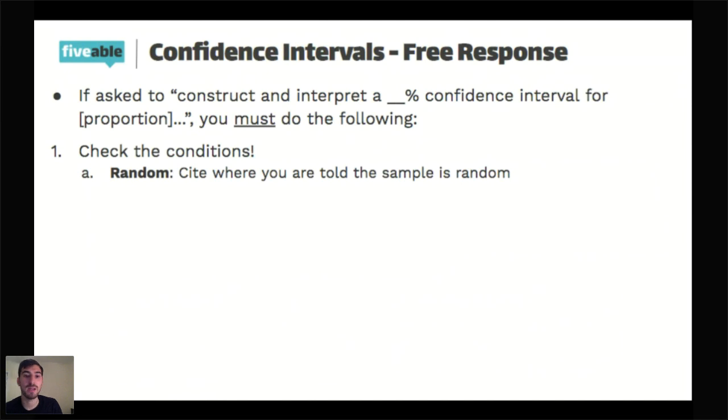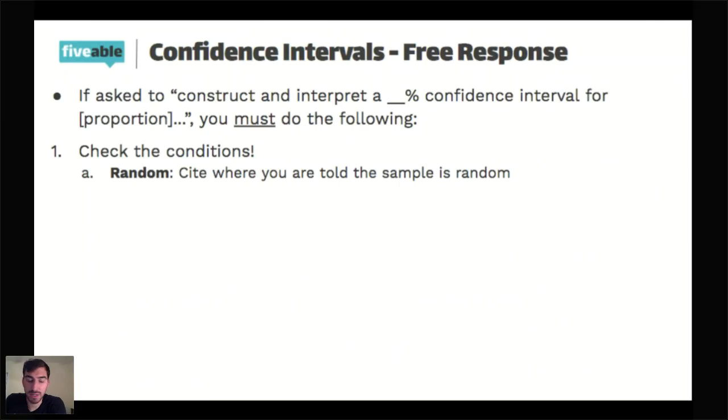Okay, and then there's a second condition. And before I reveal it, folks who are here looking for review, what is that second condition that you have to cite? So not just that the samples are random, but something else about those samples has to be true. Remember, we're specifically normal or 10%. The one you have to check specifically on the AP exam, Dara, is the normal condition.